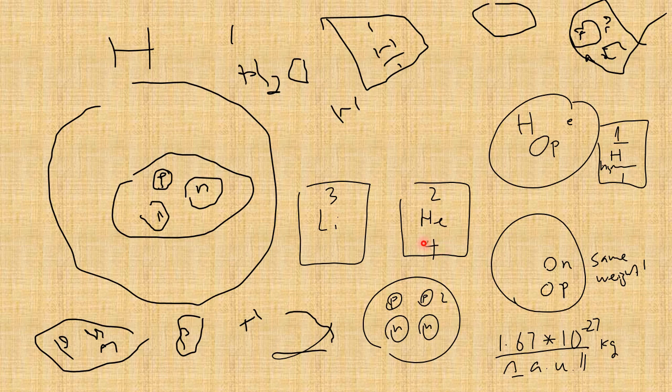Helium is pretty close to 4, so it's 4 point something. That number 4 means there are 2 protons and 2 neutrons. If you round this number to a whole number, we call it its mass number. If you call it mass number, it's exactly 4. But if you say atomic mass, it's 4 point something.